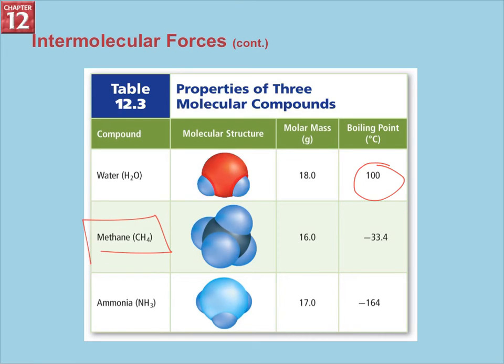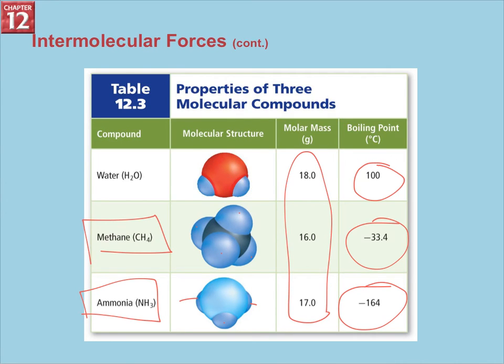So it has all four of these hydrogens, which are going to make it polar, okay, it's able to pull equally on all directions, it has a much lower boiling point, negative 33.4. So it is actually going to boil very, very low. And ammonia, NH3, okay, it has 3 hydrogens hanging off of it, and its boiling point is negative 164. But their molar masses are all almost identical, 16, 17, and 18.